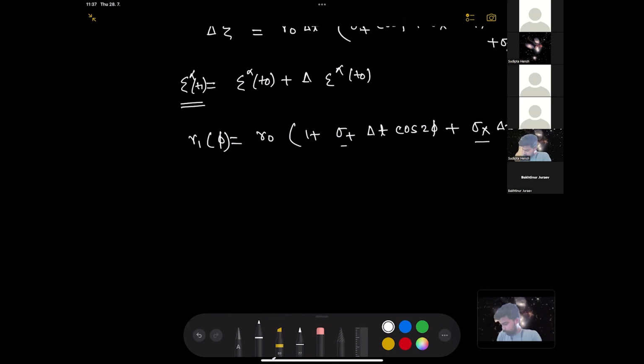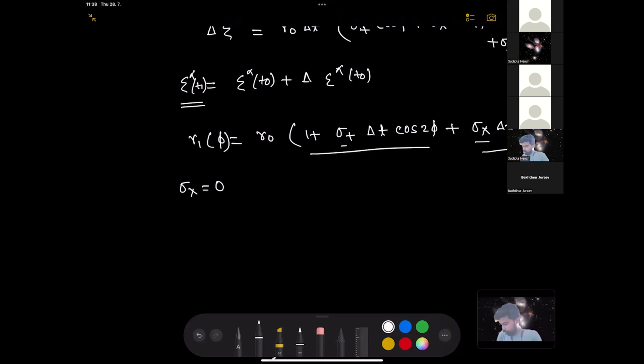So sigma plus, let's say, what will be the case when we have sigma cross equal to 0? Then this term goes away, and we will have 1 plus sigma plus delta t cos 2 phi.